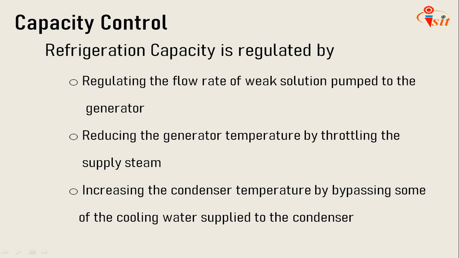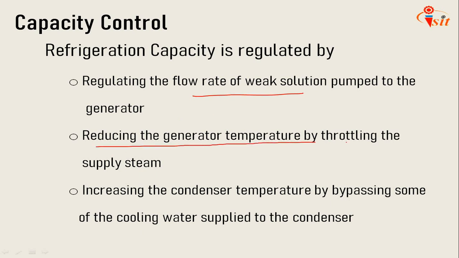We already discussed in the previous lecture that we need to maintain a constant pressure throughout the system, so in order to do that we need to regulate its capacity also. So the first regulation is the flow rate of weak solution pumped to the generator.